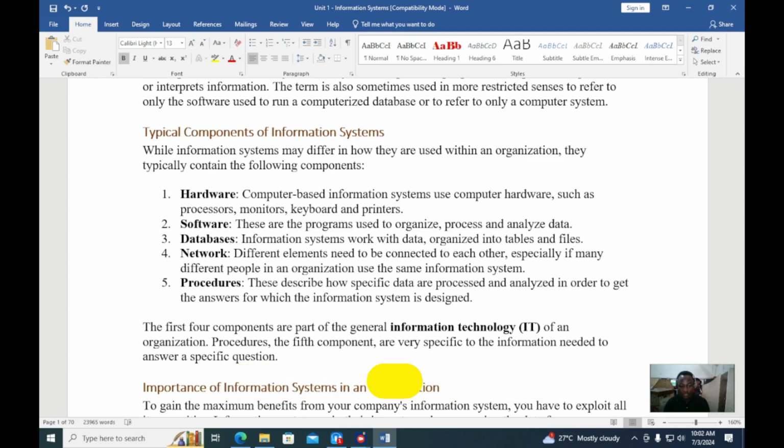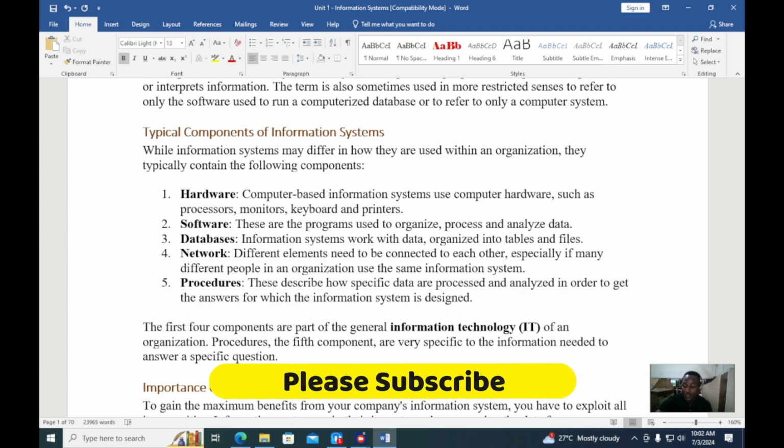Then we also need a network. When we talk about network, we are looking at the different elements that are supposed to be connected to each other. This is most especially when we are dealing with different people in an organization, or different departments, intending to use the same information.